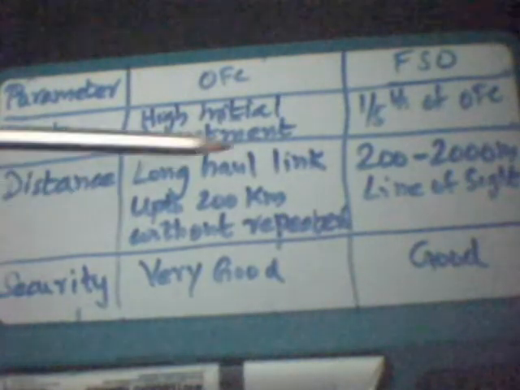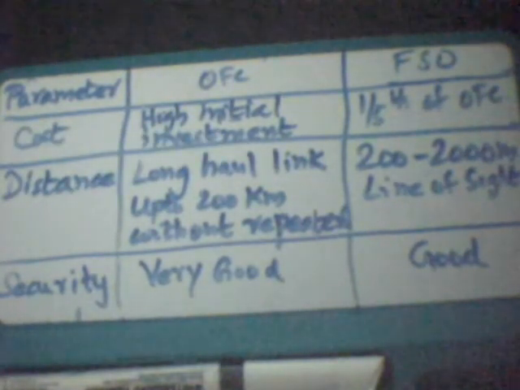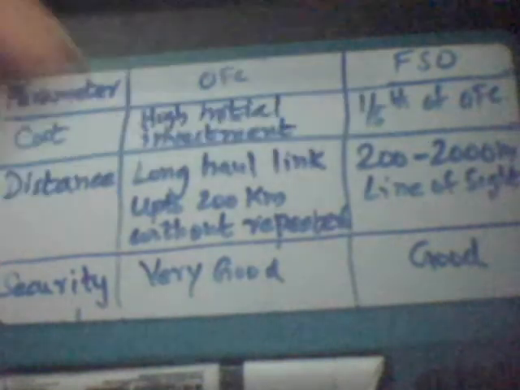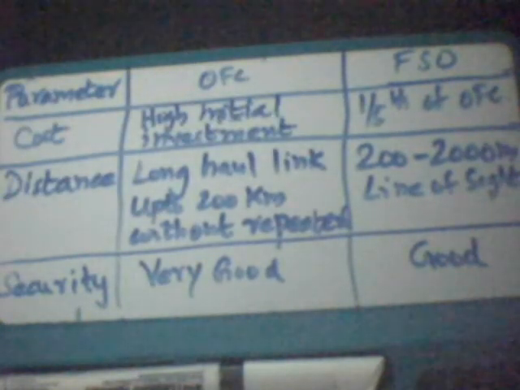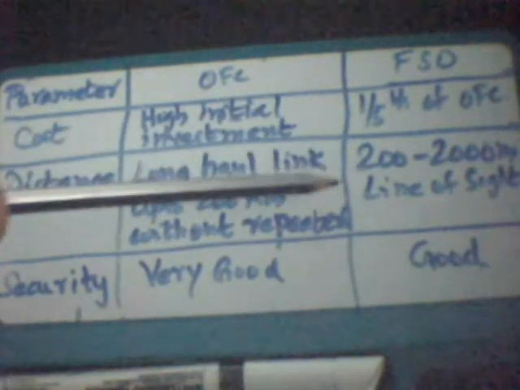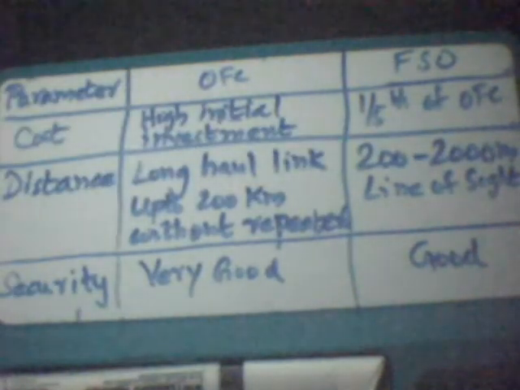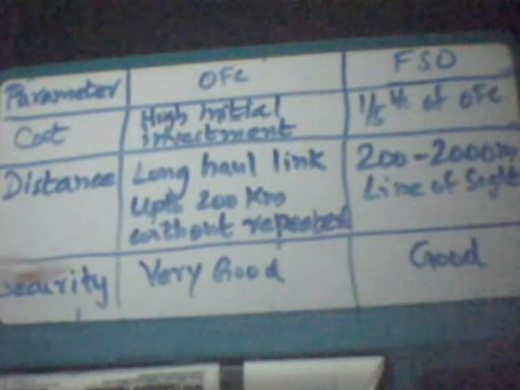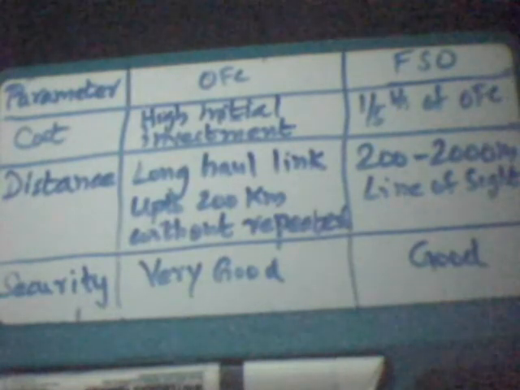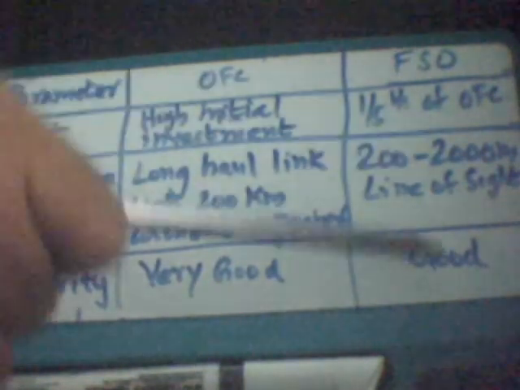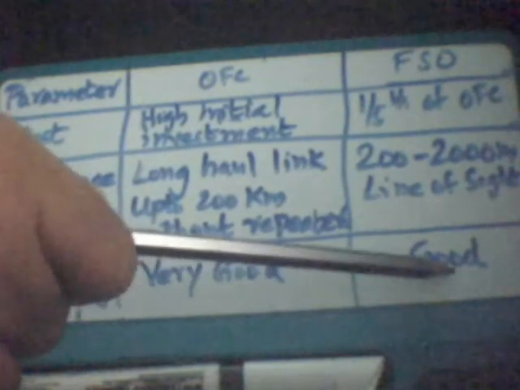Optical fiber cables are used for long haul links up to 200 kilometers without repeaters, whereas free space optics have been used for line of sight communications involving distances of 200 to 2000 meters. In security aspects, optical fibers are shielded. The security aspects are very good. It is very difficult to tap optical fibers, whereas for free space optics the security aspect is good.